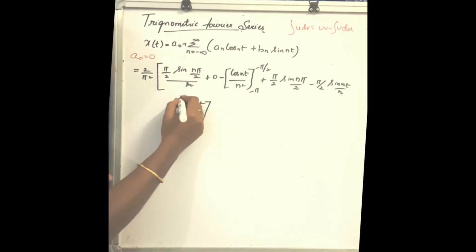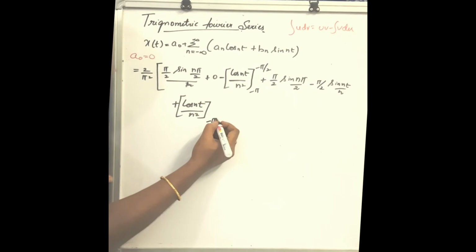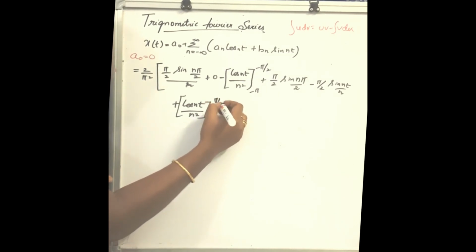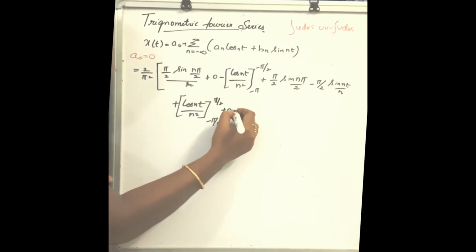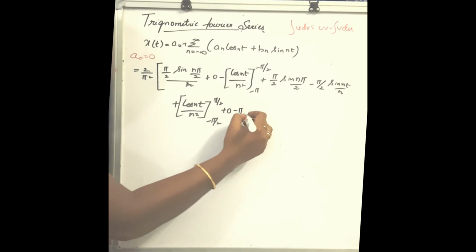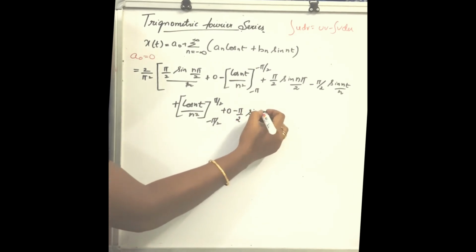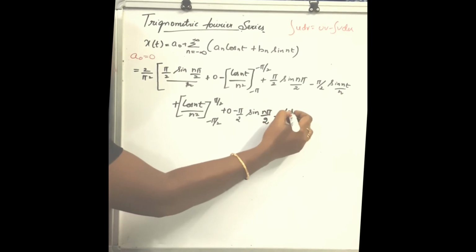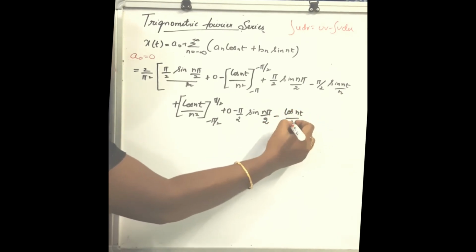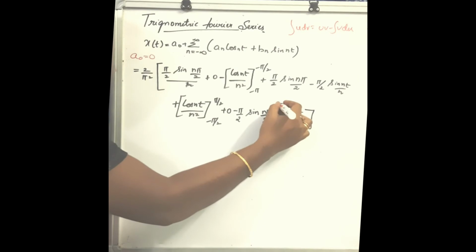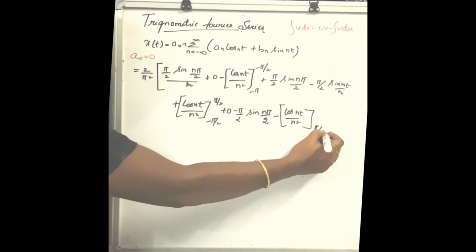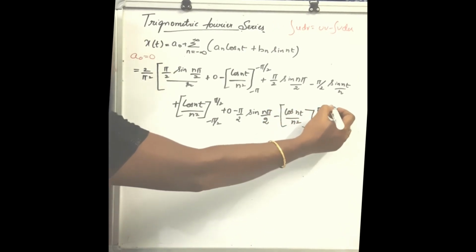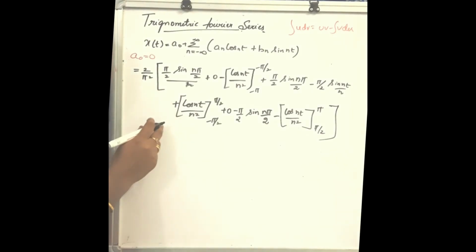Now this is for the limit minus pi by 2 to pi by 2. Then 0, pi by 2 sine n pi by 2, minus cos nt by n square, for the limit pi by 2 to pi. So now we have to again solve this.